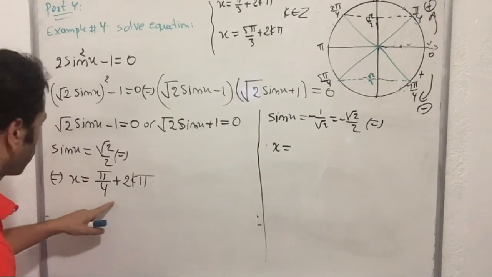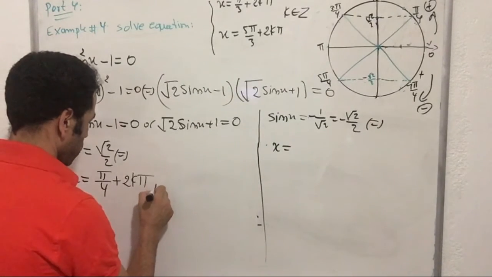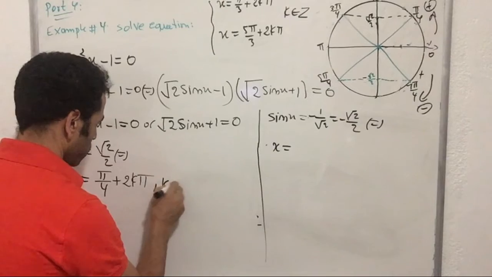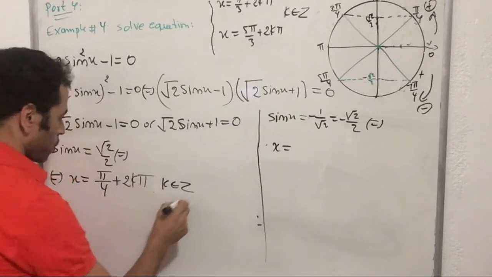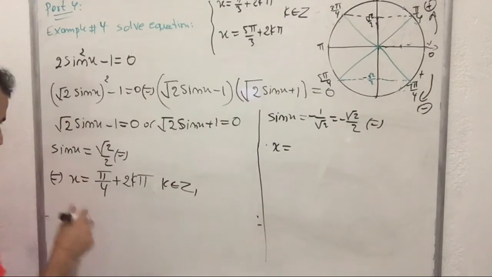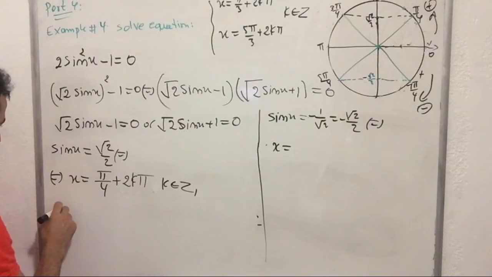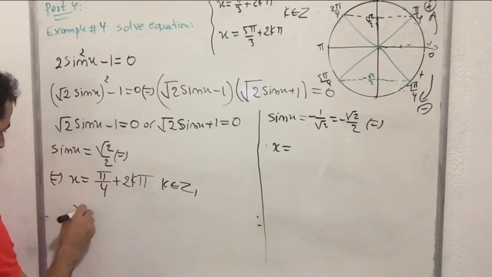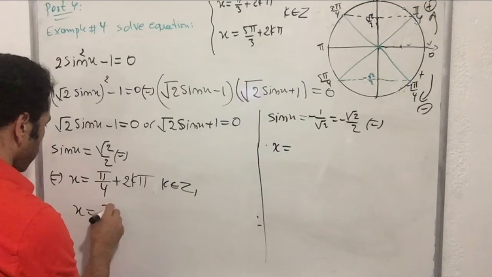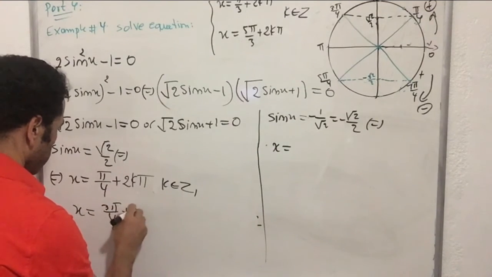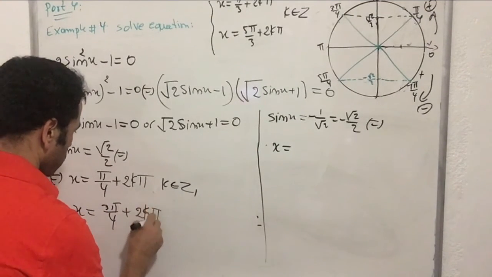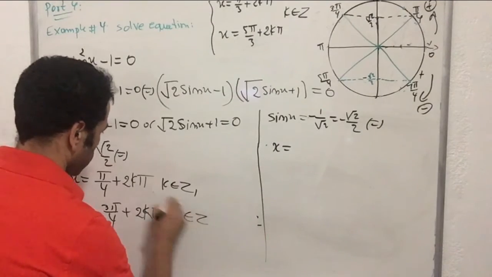So x equal to pi over 4 plus 2k pi, k is an integer, okay? So another solution, I have x equal to 3 pi over 4 plus 2k pi. Always k is an integer, okay?